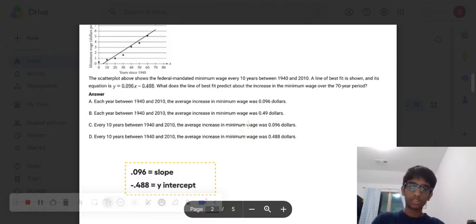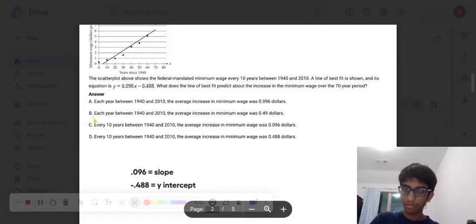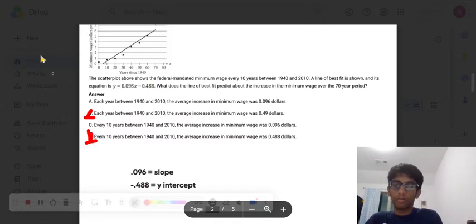The y-intercept is being used in choices B and D, and we can immediately cross these two out because the rate of change does not depend on our y-intercept. Rather, it depends on our slope. So our answer choices must be between A and C.